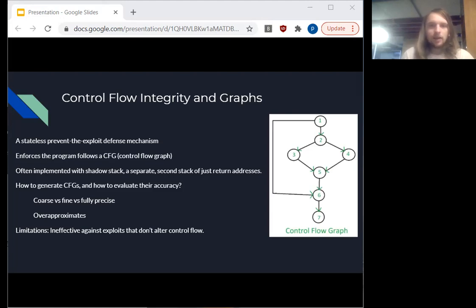If you change the arguments of that, because this doesn't prevent overwriting data on the stack, if you change the arguments to that function call, this isn't going to do anything for you, right? Because you're already going to go to exec, and so it's still on the control flow graph. So it's still allowed. So there are some ways in which this approach doesn't really help you.